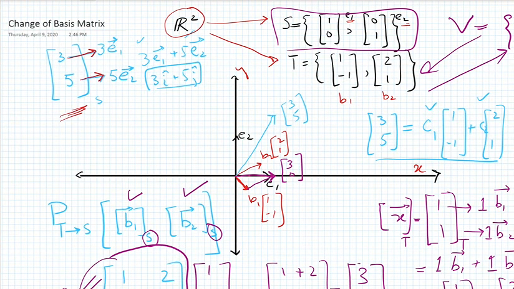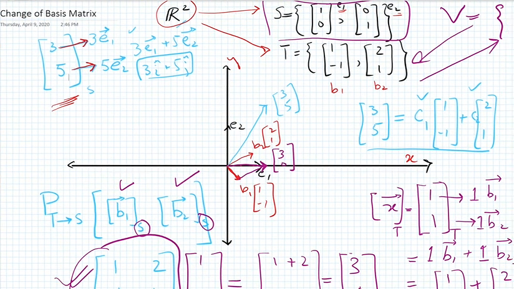Or you may say we travel 3 units along the x-axis and 5 units along the y-axis to draw this vector (3, 5). Now a similar thing we have to do if we draw a vector that is written in the form of basis T. For example, if x is a vector that is given in terms of the basis vectors of T.